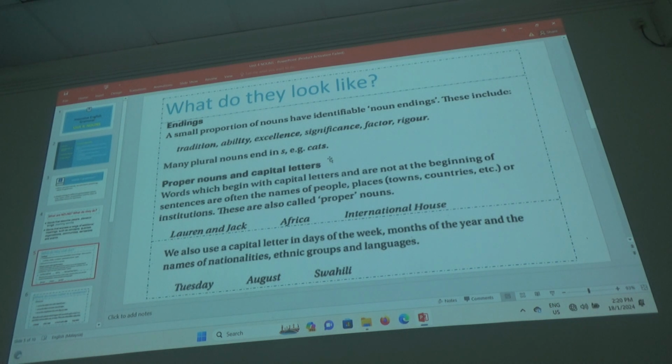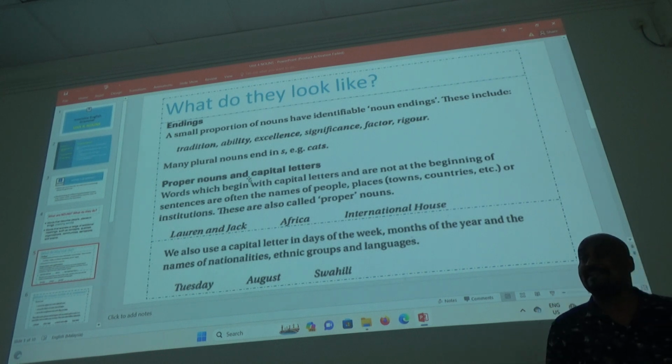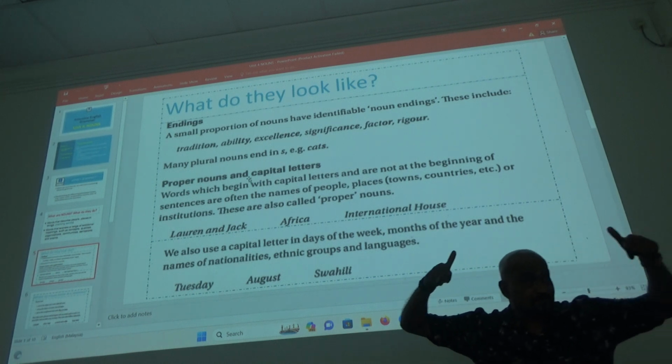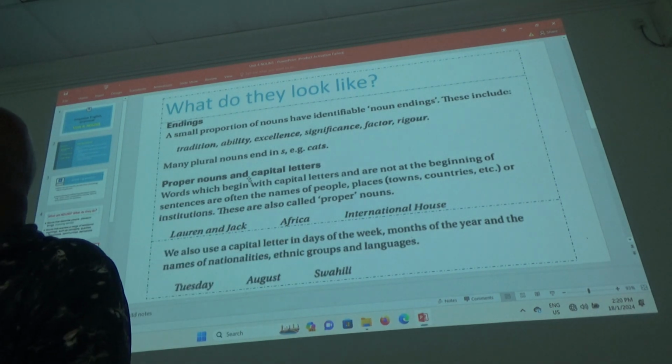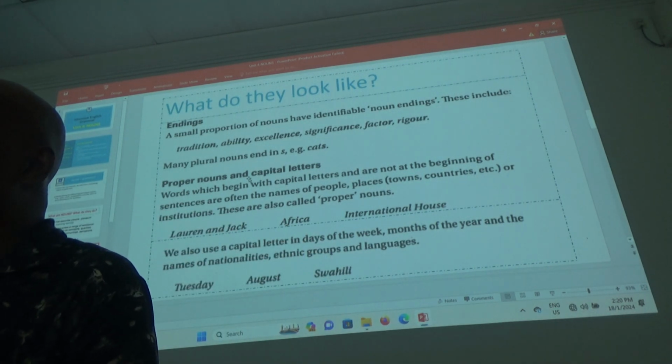Proper nouns and capital letters. Okay, this is something in your mother tongue doesn't happen. When we say proper nouns in English language, it must be capital letter. Yes or no? Can all of you understand? Like your name is Jared, J capital letter. Is that okay now? Alright?